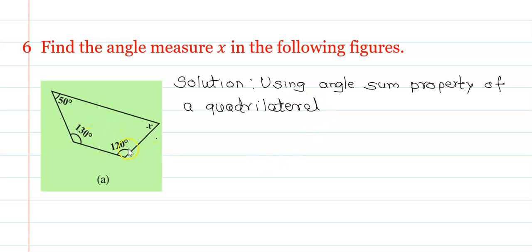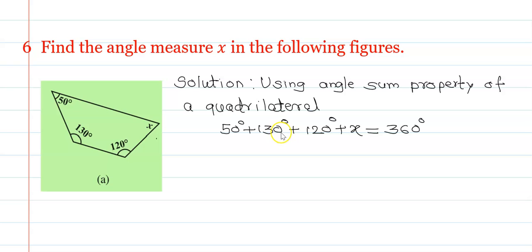Sum of the measures of angles of this quadrilateral is 360. Therefore, we first write here 50 degree plus 130 plus 120 degree plus x, and that's equal to 360. Okay.